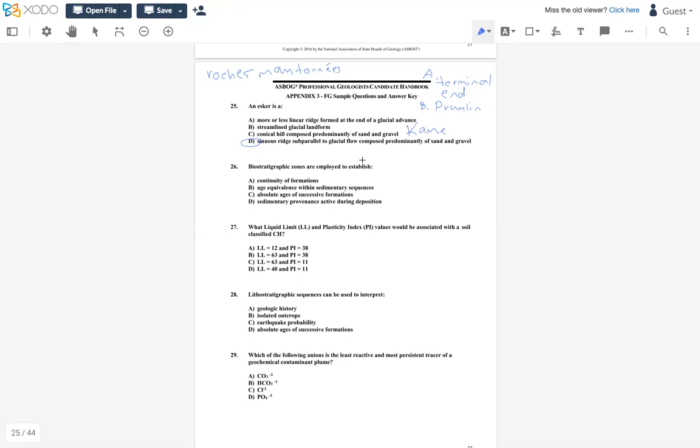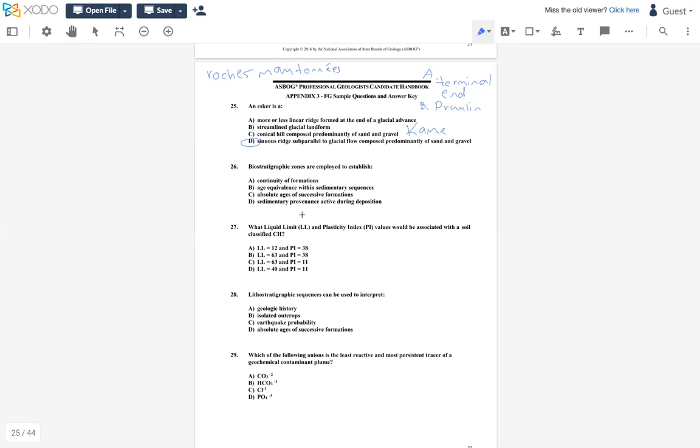This specifically relies on studying in situ fossil distributions of index fossils, so fossils that are stratigraphically restricted and geographically widespread. And we use those to correlate successions.